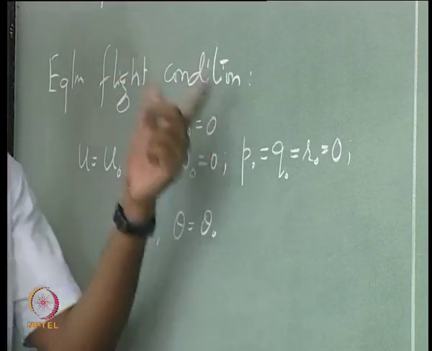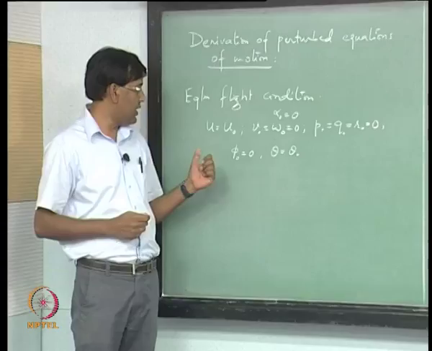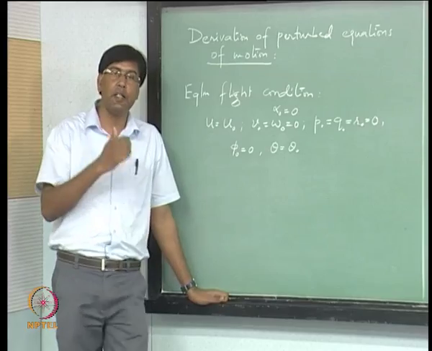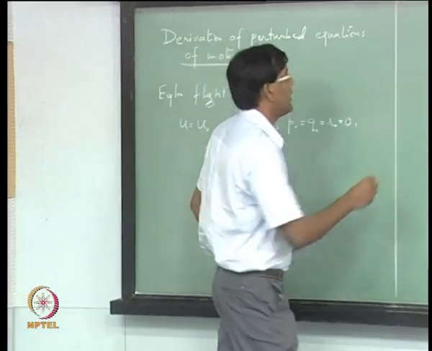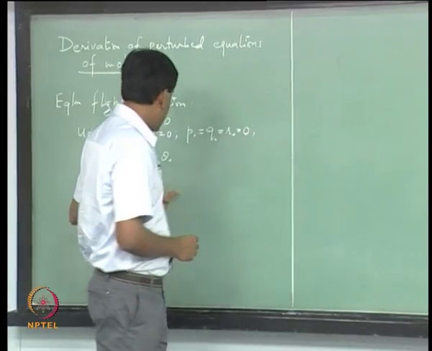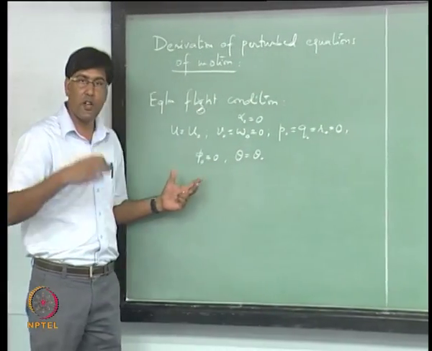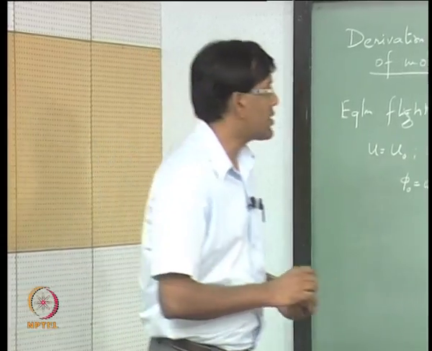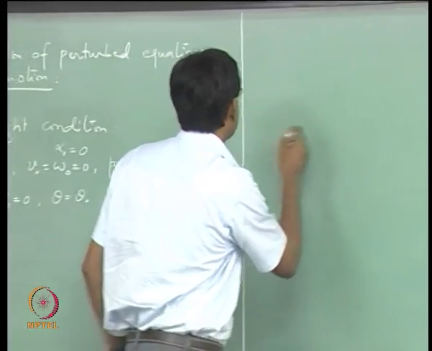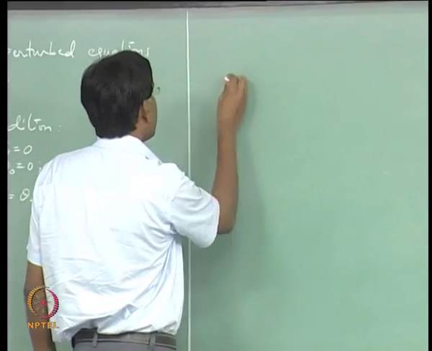So, this flying condition is actually describing a longitudinal flying condition, and what all flying conditions do you know in the longitudinal plane? Climb, landing and cruising. So, let us look at those flying conditions.